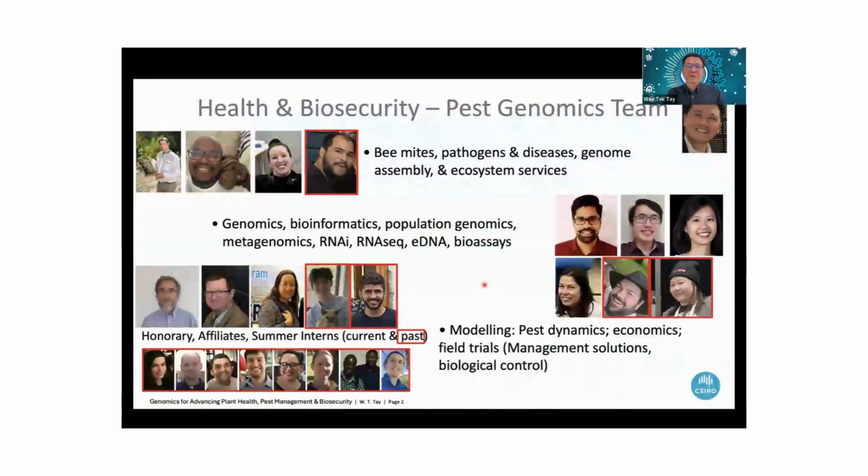The work would not be possible without the help and contribution of the genomics team. These are the current team members that are not in red. We have John and Rahul, who are the sub-team leaders. I also benefited from a lot of honorary members and affiliates, such as Alison, Carl and Darren.